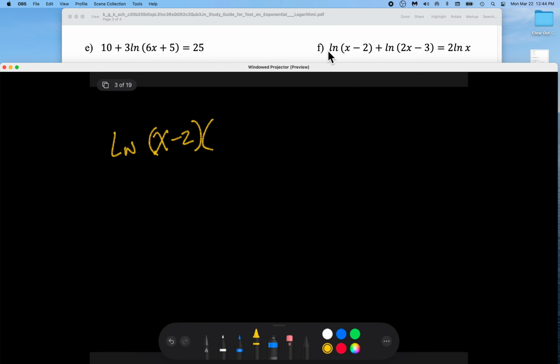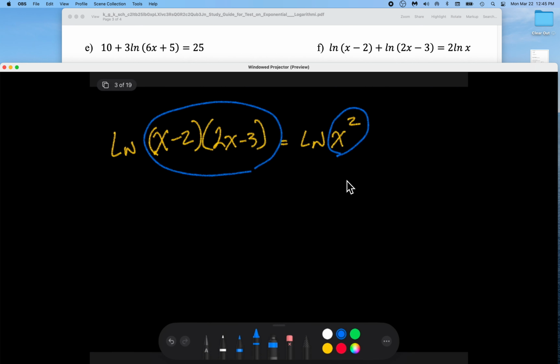So we're going to have this, and we're going to bring this 2 up top, excuse me. So just as we predicted, we have natural log of this argument equals natural log of that argument. That means the 2 arguments are equal. So as I'm writing down at the next level, I'm going to FOIL this.